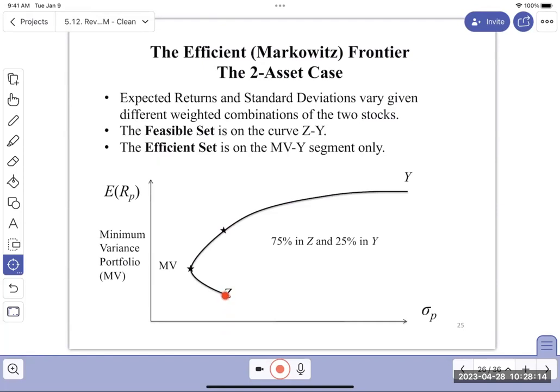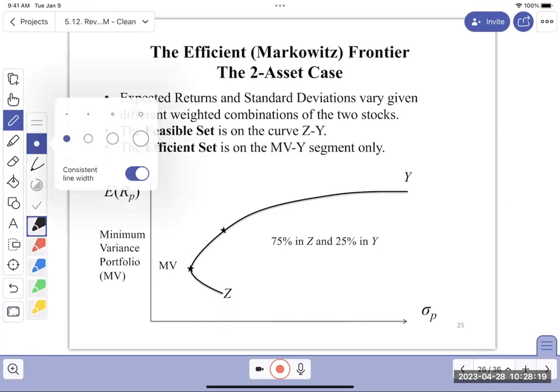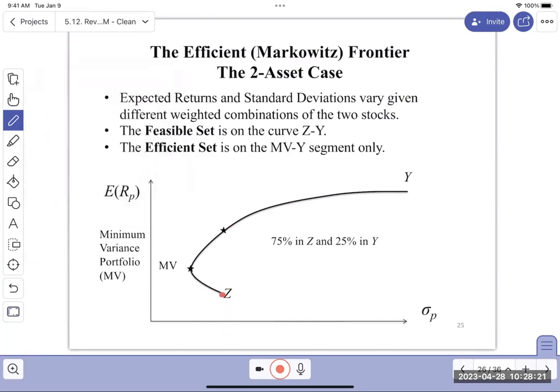But as I move from here, let me just show you my positions. If I'm invested 100%, that represents 100% investment in Z. Here I've marked, this is like 75% in Z, but 25% in Y. So it's closer to Z.